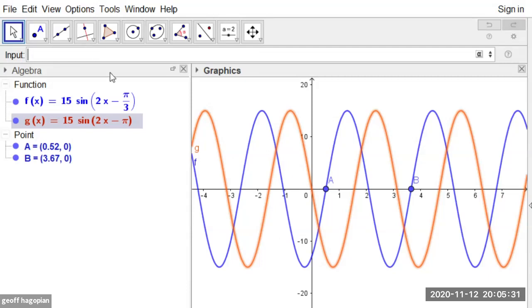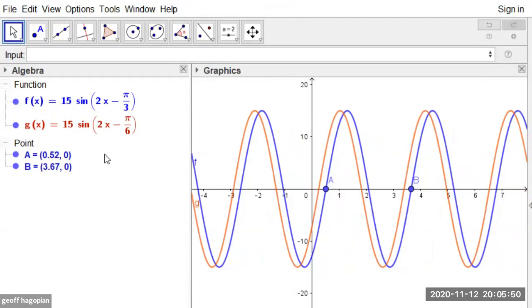So would you say these are in phase or out of phase? Notice that I think I did this wrong. It's supposed to be a pi over 6. Okay, so you can see that there's a shift to pi over 6 now, or pi over 12.